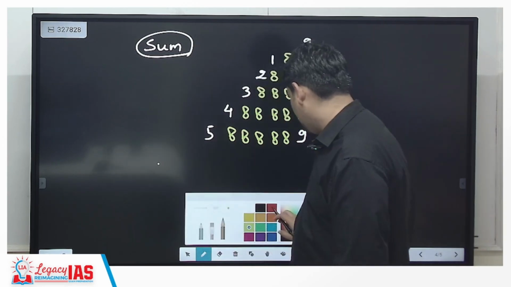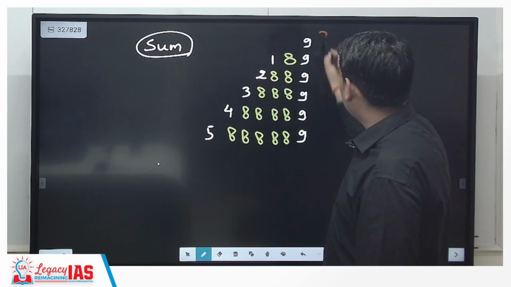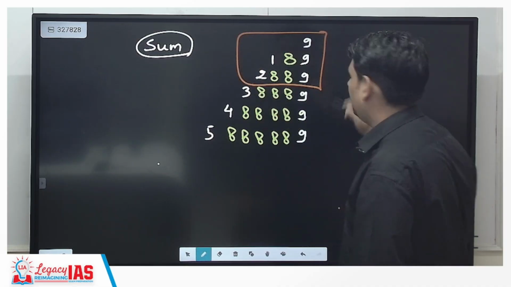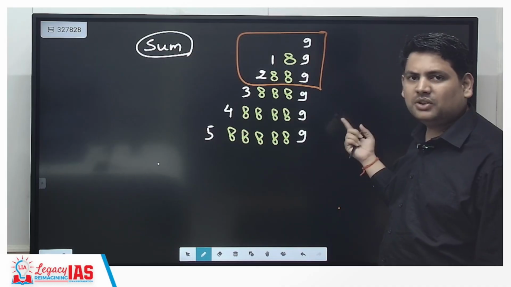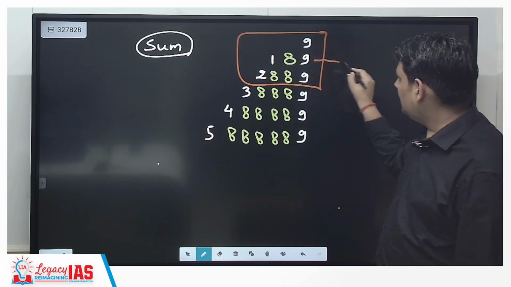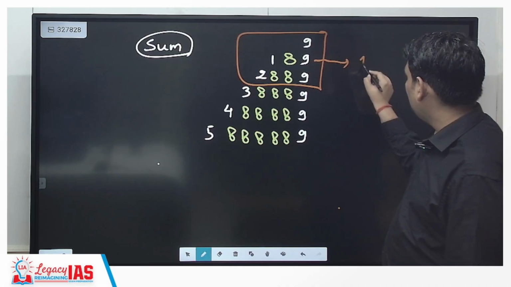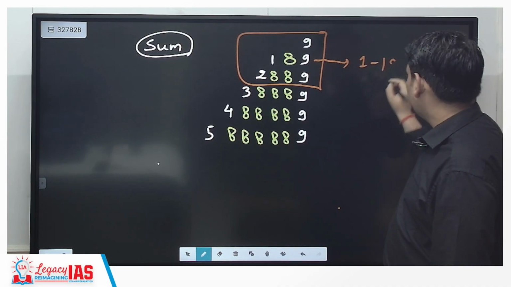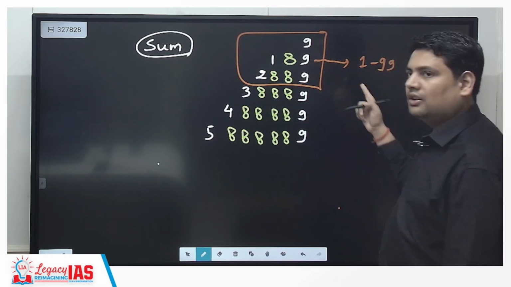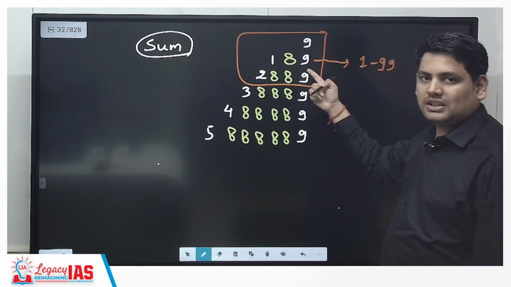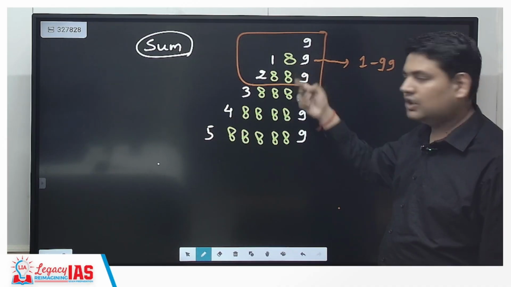Also I will tell you to absolutely remember at least these 3. So 1 to 9 you will already remember. From 1 to 9 how many digits will you use? 9. So mainly this you have to remember. This is for 1 to 99. From 1 to 99, this is the sum of all digits that will be used.